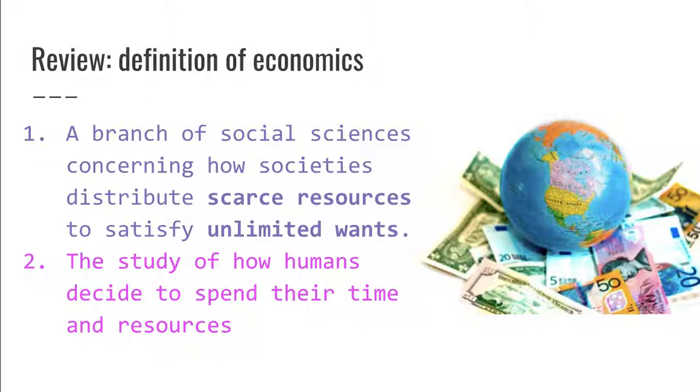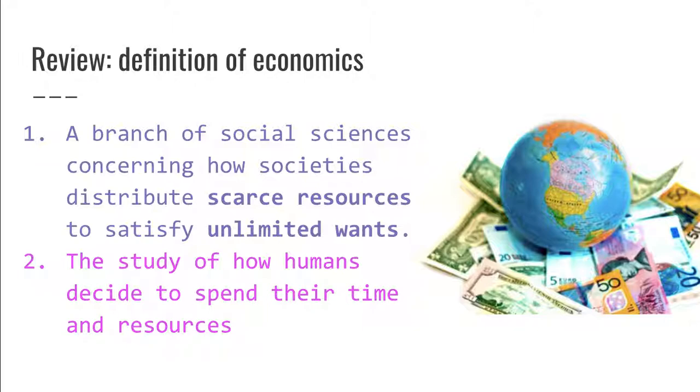So just to review what economics is, it's a branch of social sciences, we call it. It's a kind of social studies, and it concerns how societies distribute their resources to satisfy people's needs and wants. And remember, we talked about scarcity last time, and you've talked about opportunity cost before.